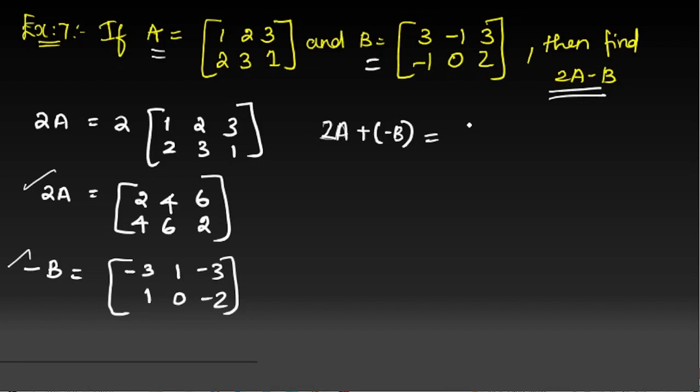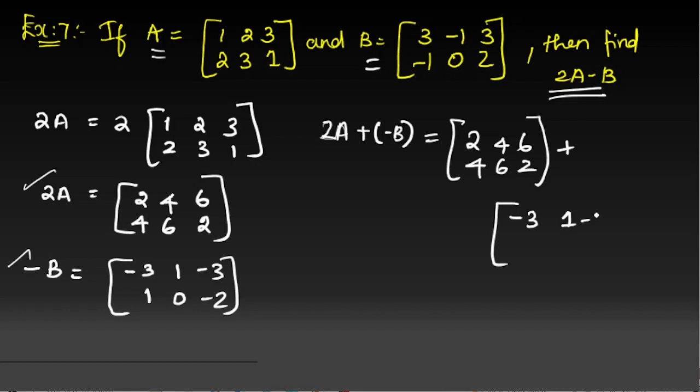So 2A you substitute, that is 2 4 6 4 6 2, and your minus B value is this. So plus minus 3 1 minus 3 1 0 minus 2.